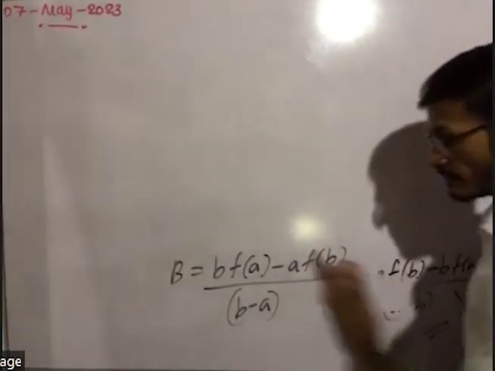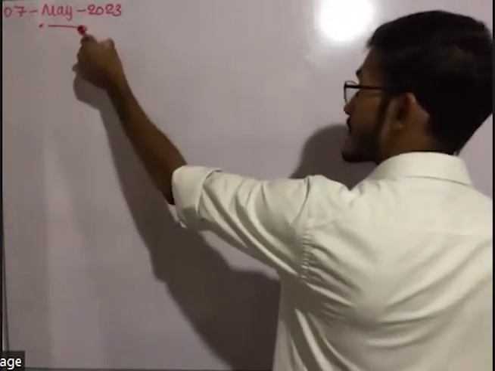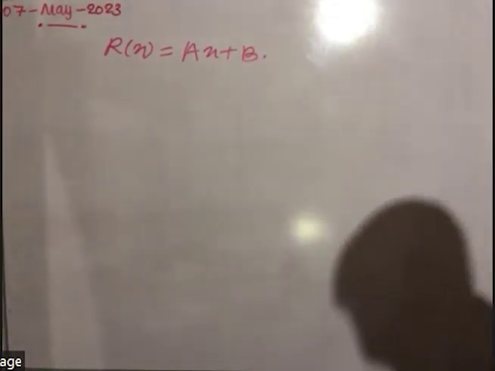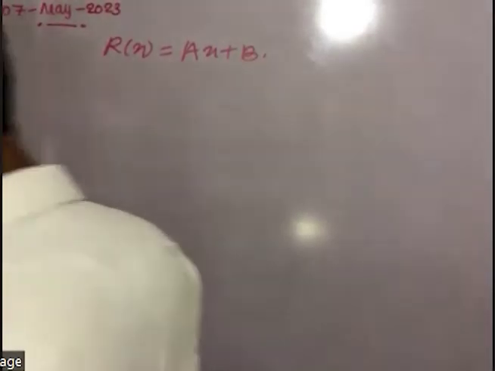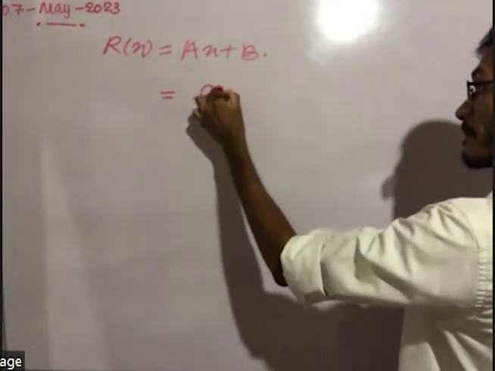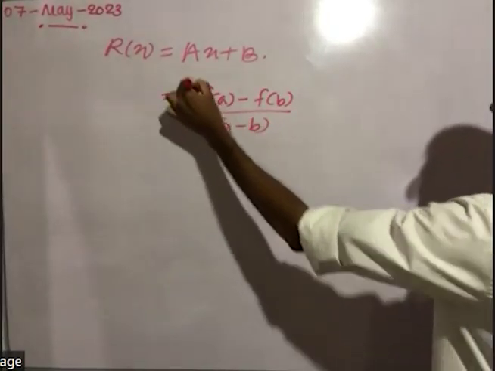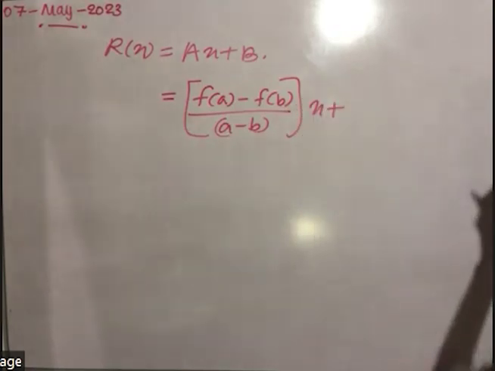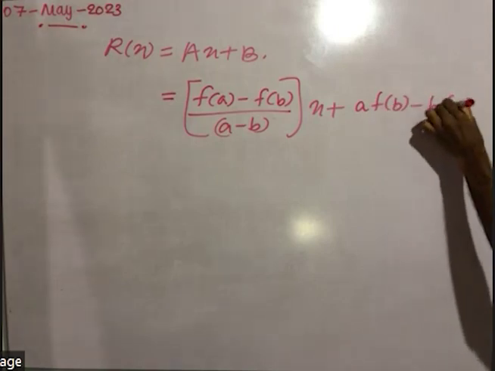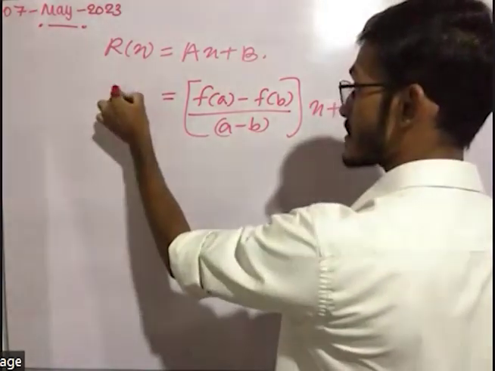We know that the remainder Rx is equal to Ax plus B. We have found the value of A, which is FA minus FB over A minus B. This is the value of A into x plus the value of B, which is AFB minus BFA over A minus B. So this is the remainder Rx.